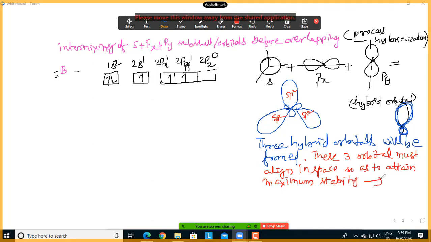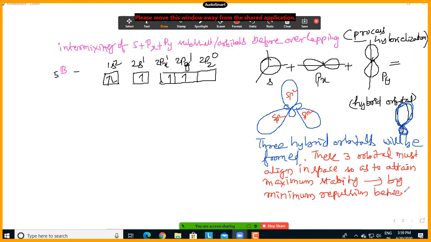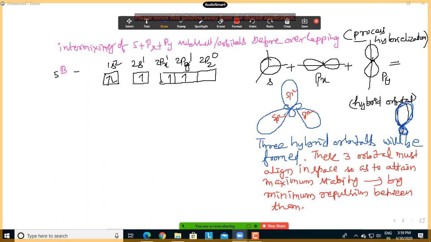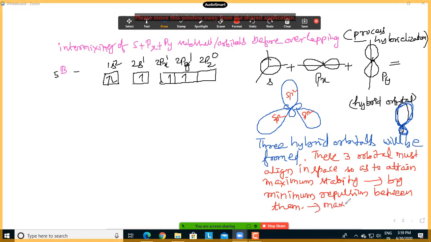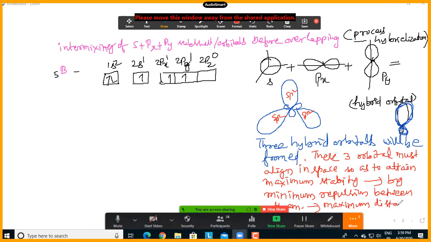That is possible by having minimum repulsion between them. So now, if these three sp2 hybrid orbitals are formed, they will lie at maximum distance from each other.